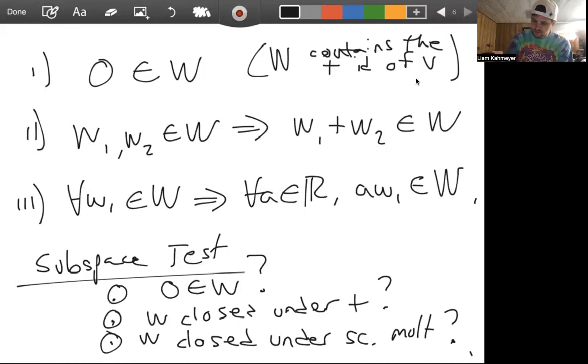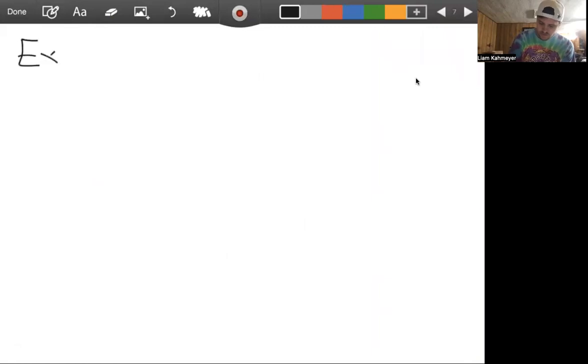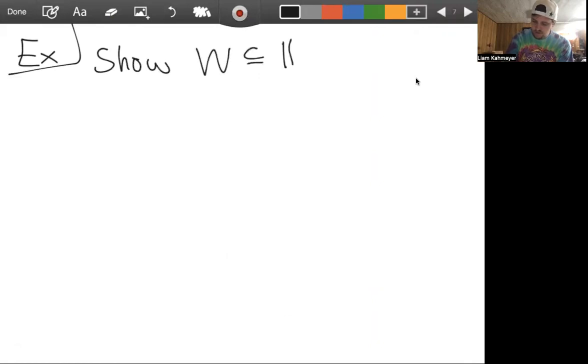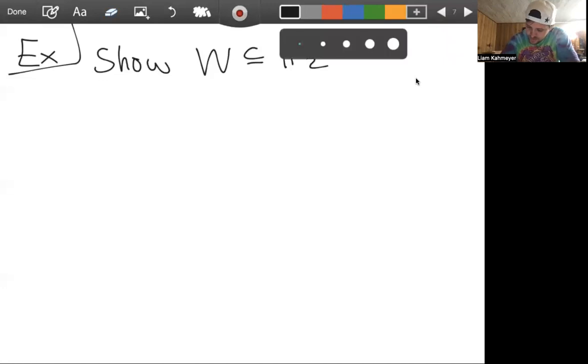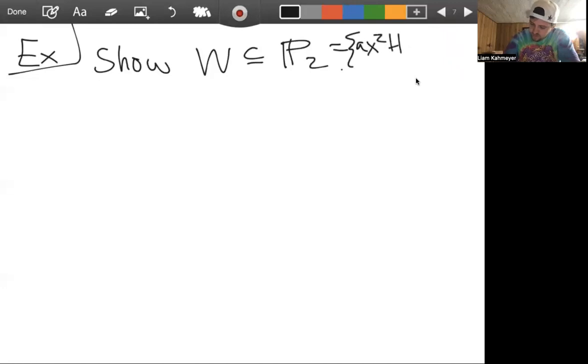So let's do an example. Let's show that W contained in P2, and remember P2, I'll write out what this is really quickly. Maybe I'll do it over here. P2 is the set of at most degree 2 polynomials, right?